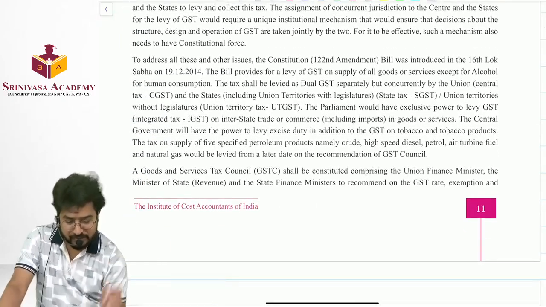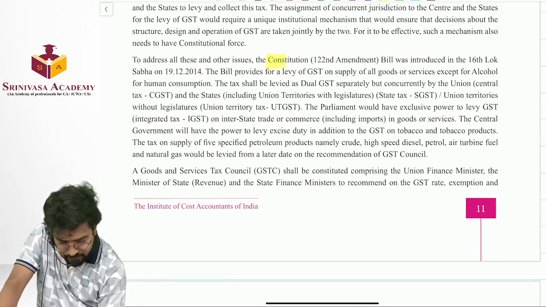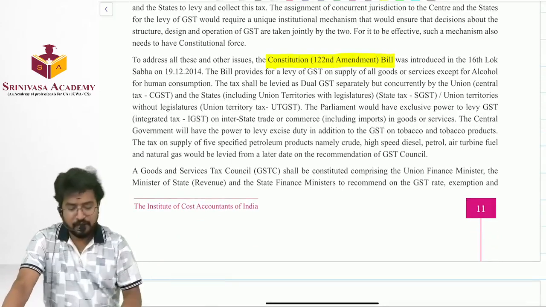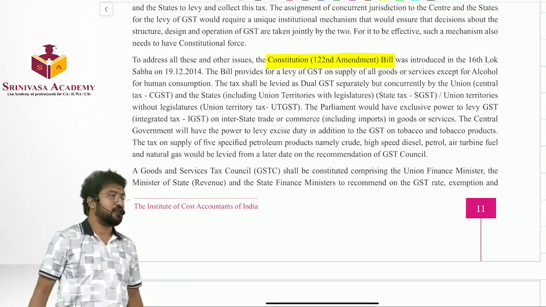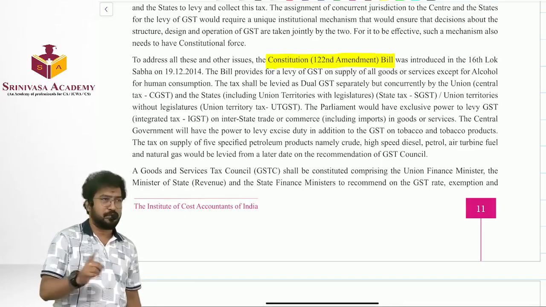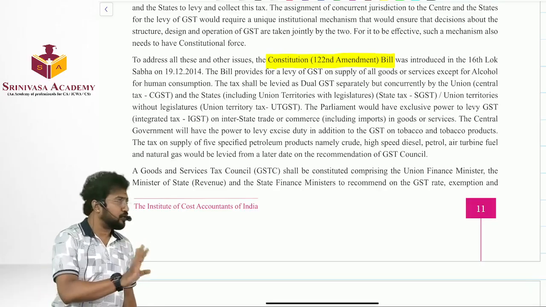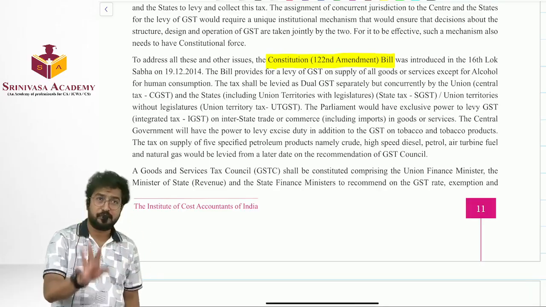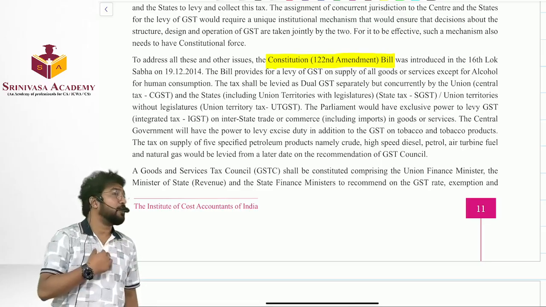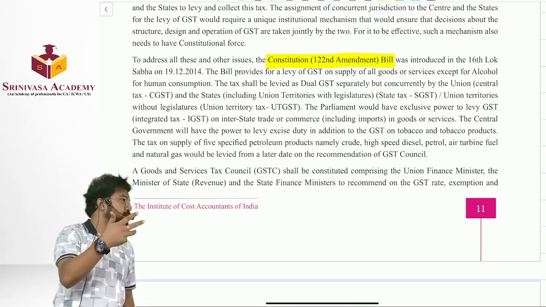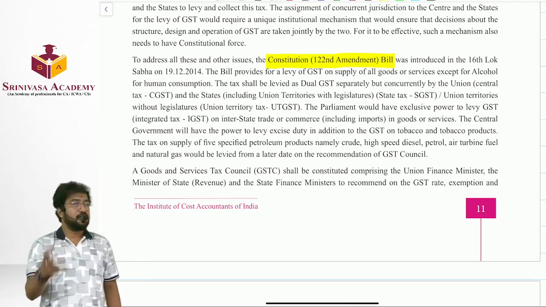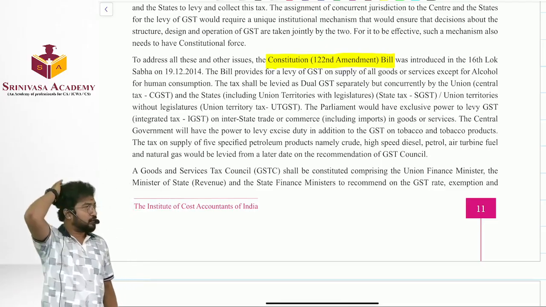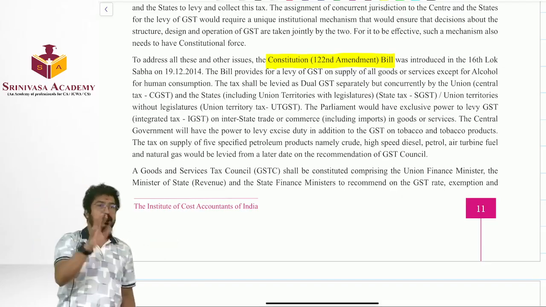One more interesting point: 101st Amendment Act means the bill should be the 101st Amendment Bill, correct? But no, it is the 122nd Amendment Bill. GST is a crazy reform, so to make it memorable, they changed the name for the Act.